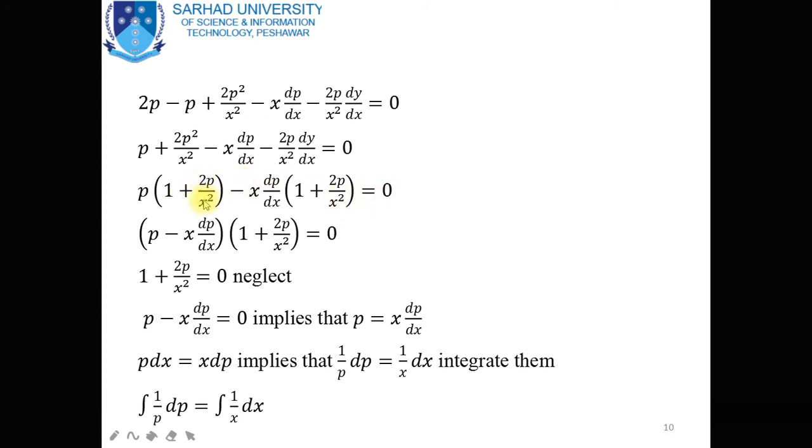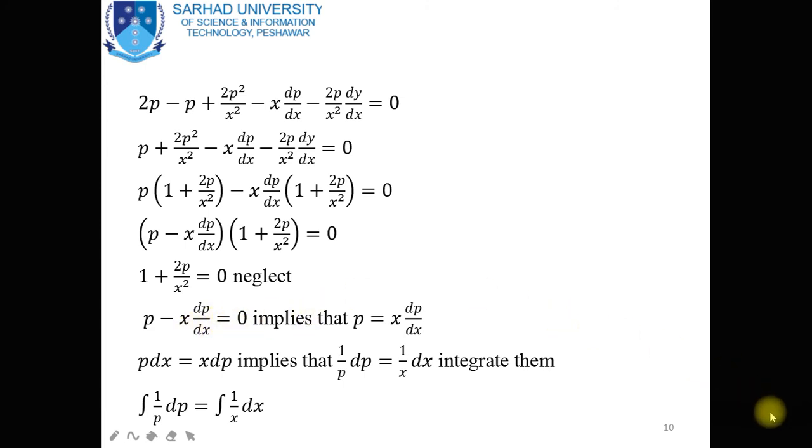Now 1 plus 2p by x square is again common, so we can write p minus x into dp by dx into 1 plus 2p by x square is equal to 0. Now 1 plus 2p by x square is equal to 0, neglect this term, and we can consider p minus x into dp by dx is equal to 0.